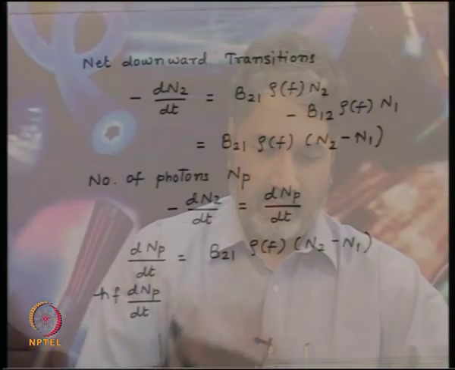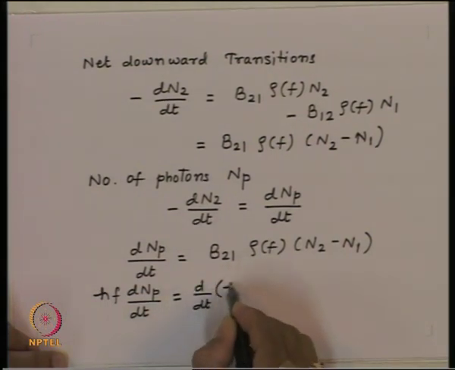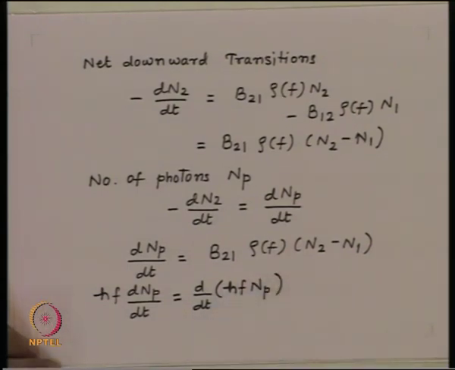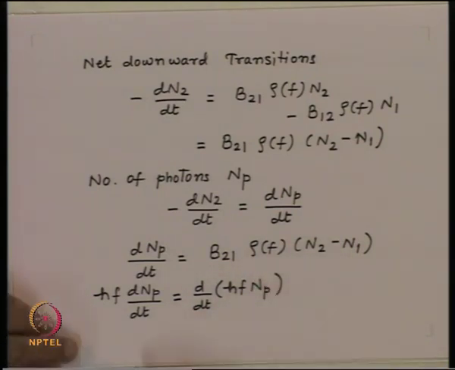So, this quantity multiplied by h f dNp by dt, which we can write as d by dt of h f into Np, is nothing but the photon flux density, which is this quantity rho of f.